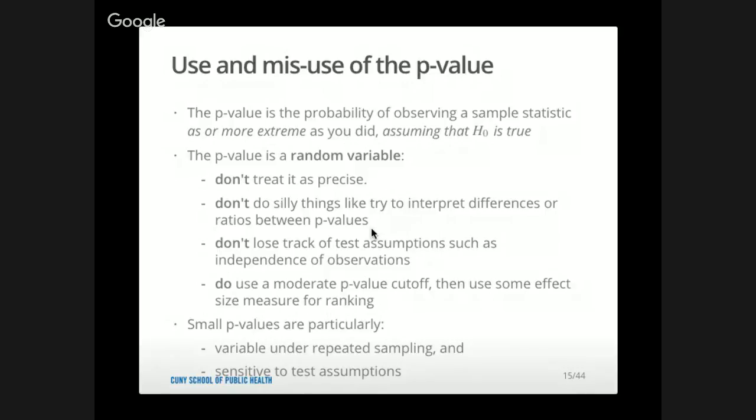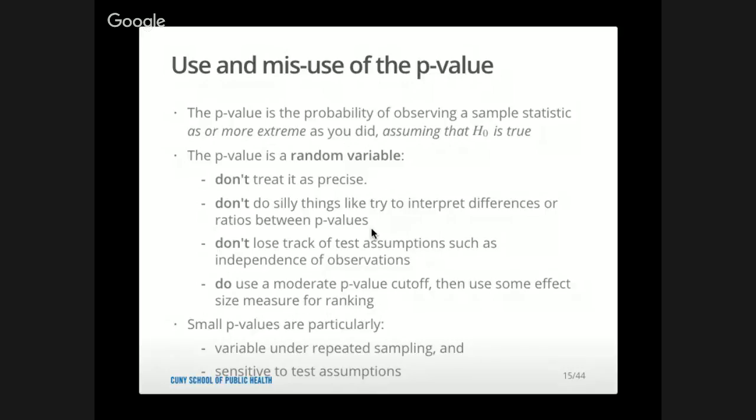And additionally, small p-values correspond to probabilities far away in the tails of your sampling distribution, and so they become even more sensitive to assumptions about your sampling distribution. So that difference between a normal distribution and a t distribution is pretty small.